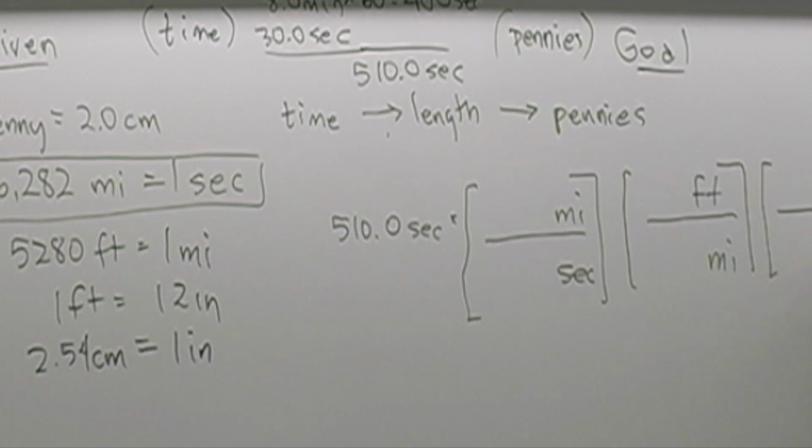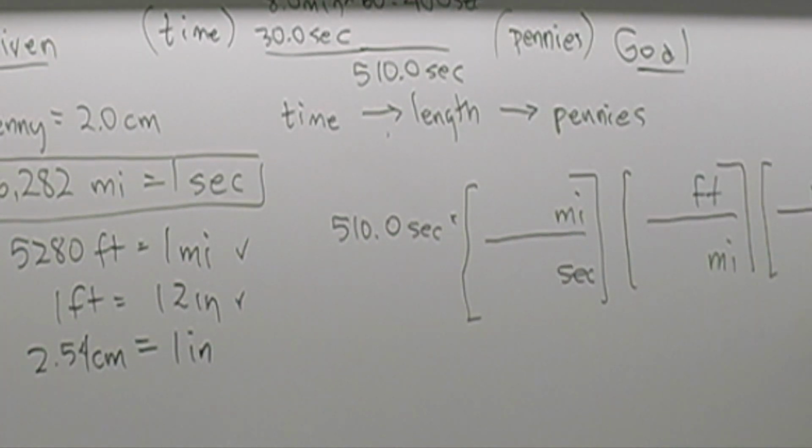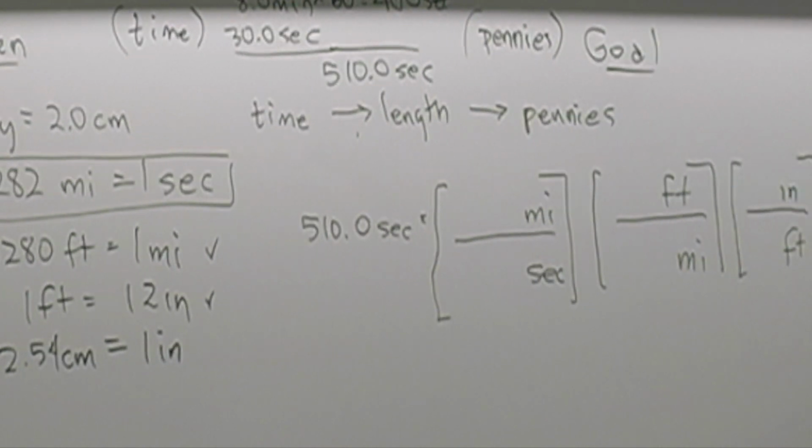Feet will be at the bottom. What's on top? Inches. Okay, so I've got this and I've got this. Finally, I've got inches here, and centimeters on top. Good. The units will always tell you what order it goes in.